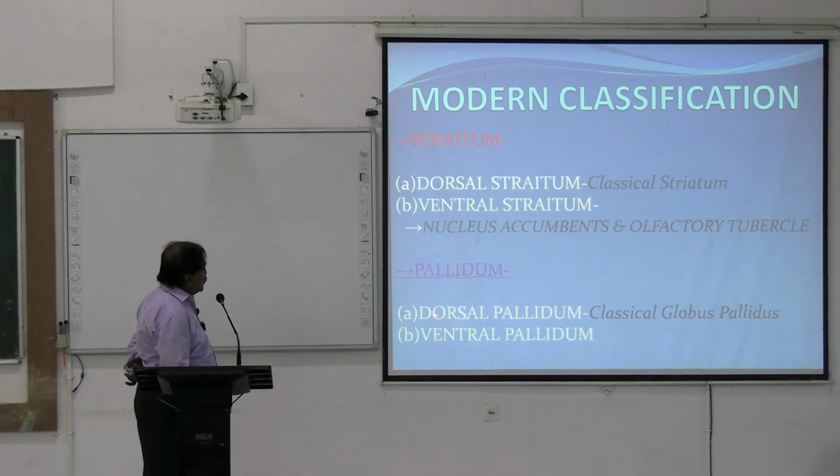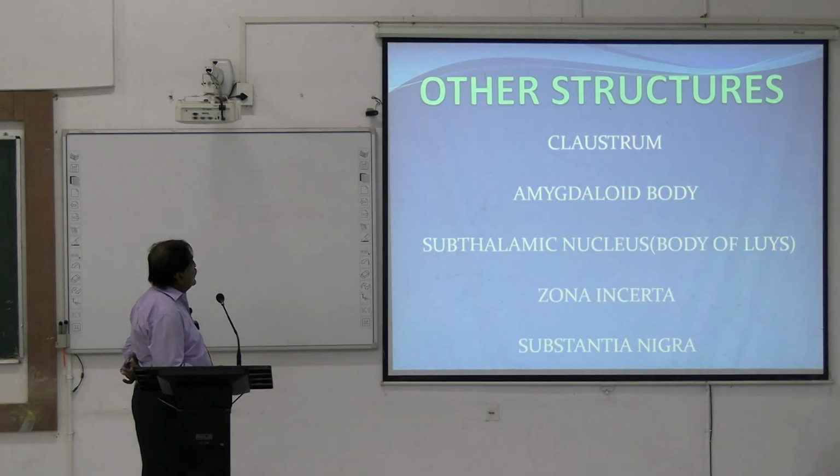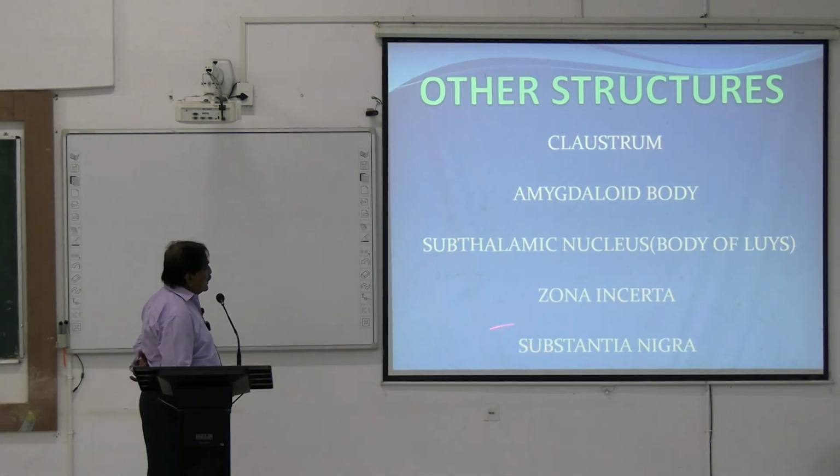Pallidum: dorsal pallidum, classic globus pallidus; ventral pallidum. Other structures: the claustrum, amygdaloid body, subthalamic nucleus, body of Luys, zona incerta, and substantia nigra.